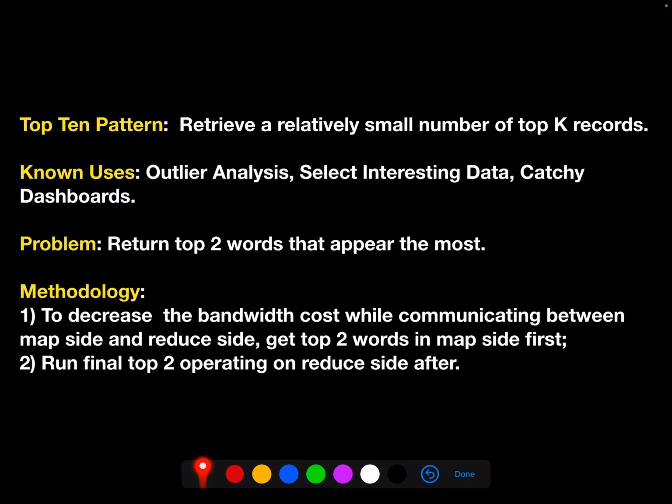To get the top 2 words on the map side, we don't need to transfer all the words to the reduce side, which reduces the bandwidth. After we get the top 2 words in each partition or RDD, we will run a final top 2 operation on those top words to get the final result on the reduce side.